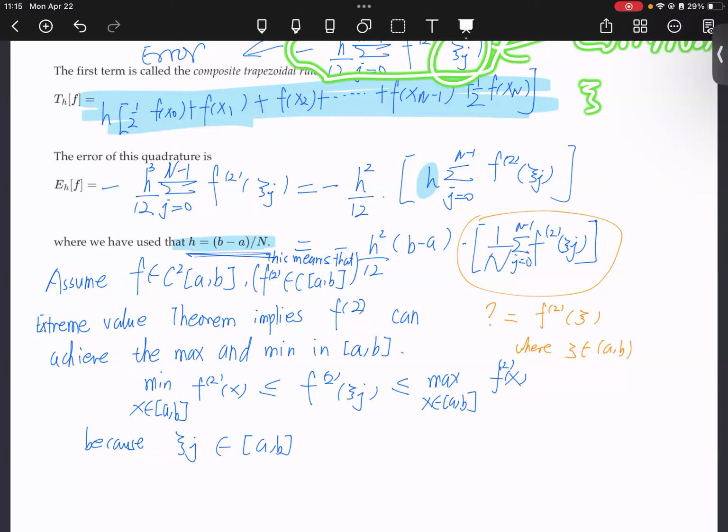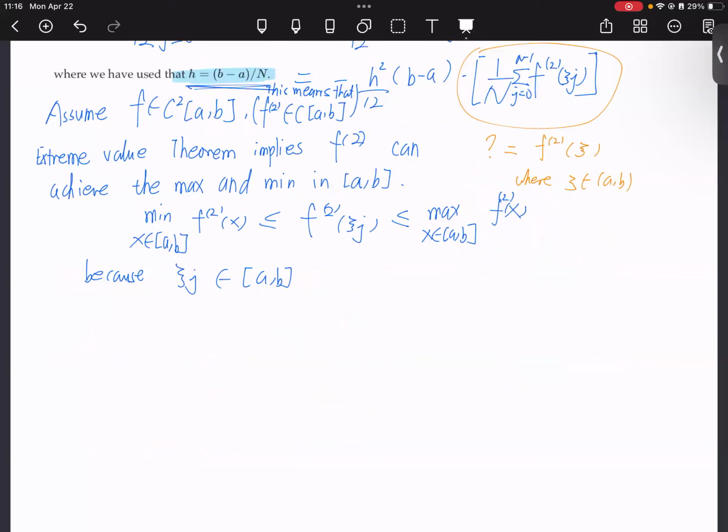So now let's do the calculations. Let's do the sum and take a look at what we have. I'm going to sum up all the second derivatives evaluated at c_j. We have n different c_j here.